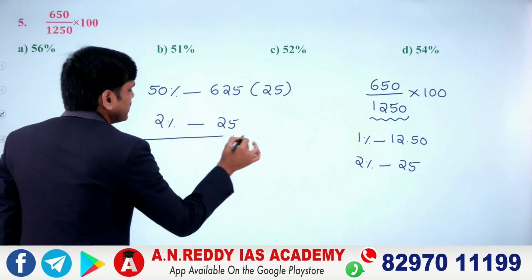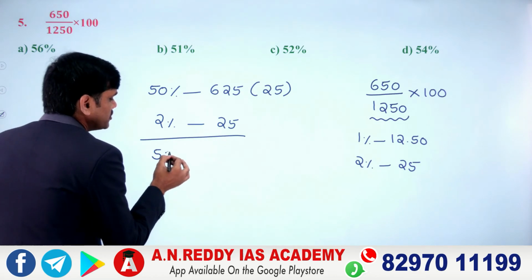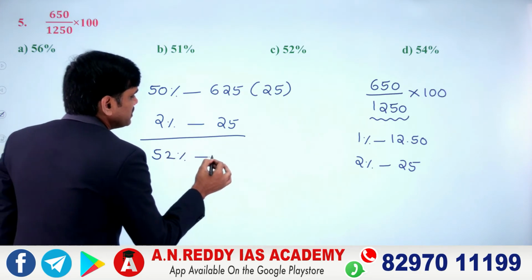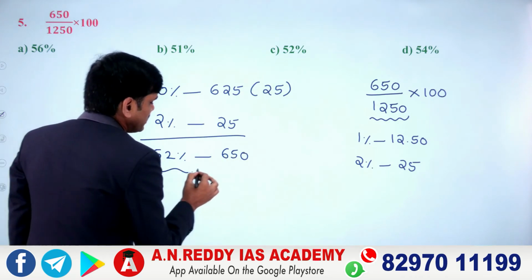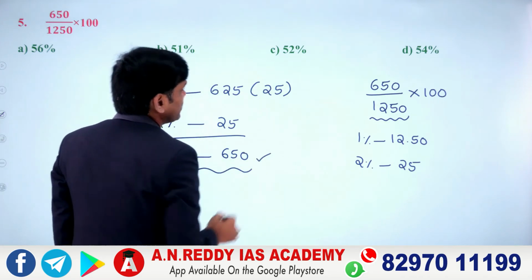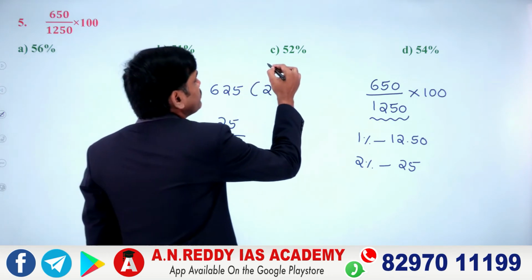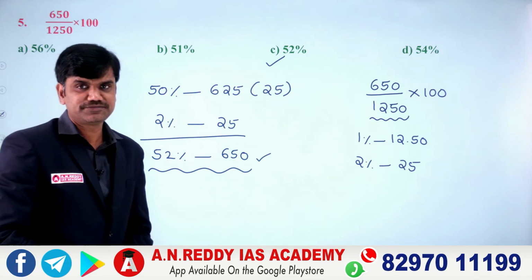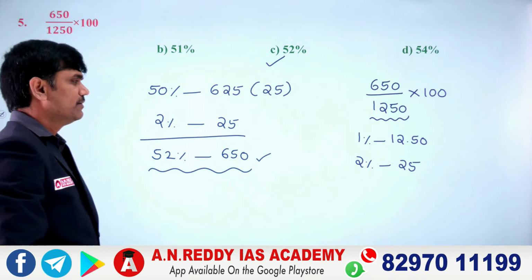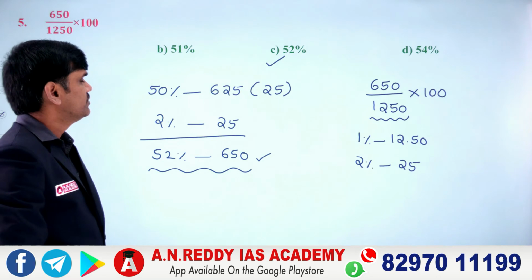Hence it is coming out to be 52%. That 52% is equal to 650. Hence your answer has to be 52%. Right? Please go ahead with this.